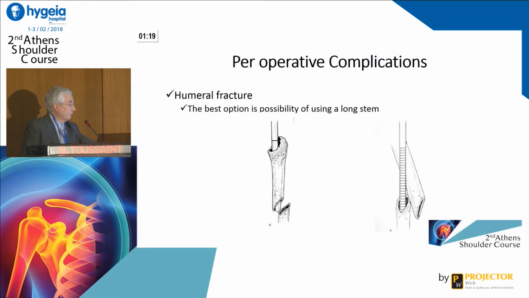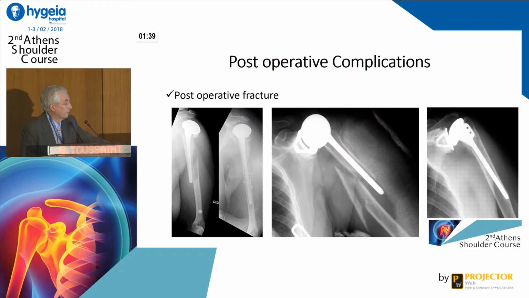If you have a perioperative fracture of the humerus, the best way is to use a long stem to bridge the fracture and to have a good, big fixation in the distal part of the humerus.